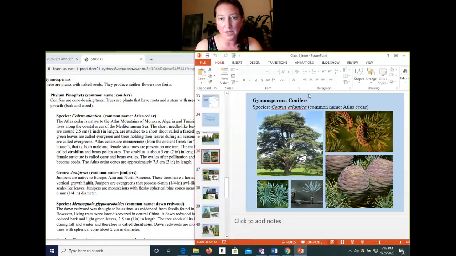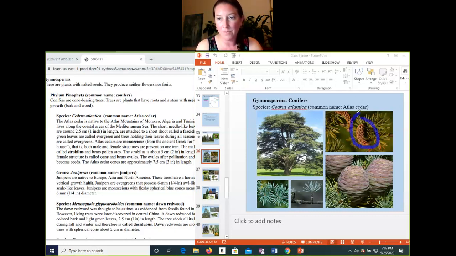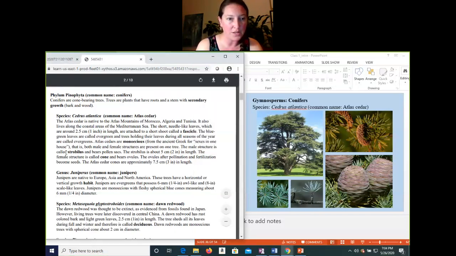So let's look at our Atlas cedar, right? I said it's monoecious, so it has male and female sex structures in the same plant. On the top right here, this is the male sex structure. It's what's called a strobilus.